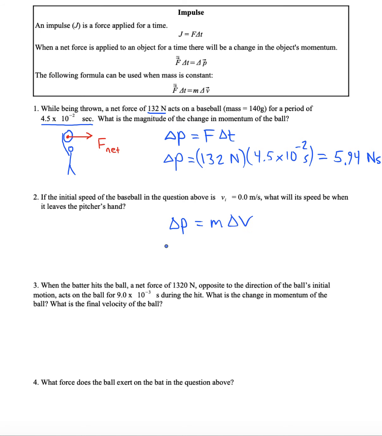We already know the delta p for this ball, and we know the mass of the ball. So we ought to be able to solve for the delta v. It's 42.4 meters per second.